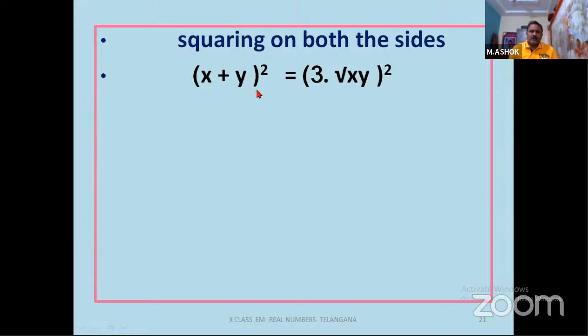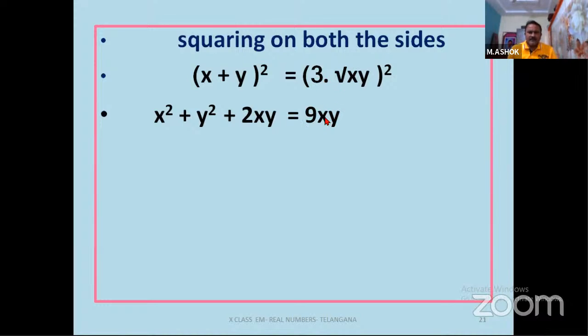In order to get the x by y plus y by x value, we are squaring on both sides. x plus y whole square, we know the (a plus b) whole square formula. Based on that, expand like this: x square plus y square plus 2xy is equal to 3 square, which is 9. The root and square get cancelled, so its value is 9xy.